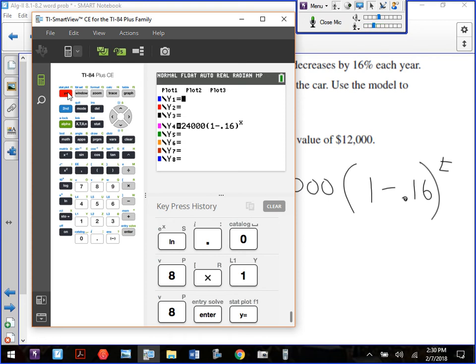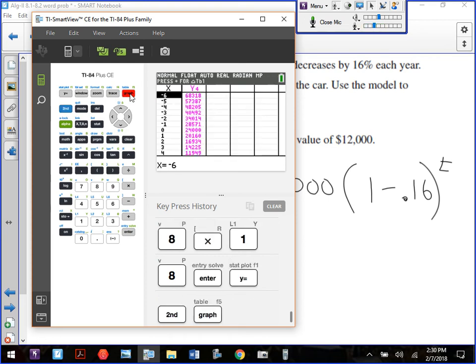If I go to my table, after 2 years, that car is worth $16,900. So I know that car is worth $16,934. When T equals 2, it's worth $16,934.